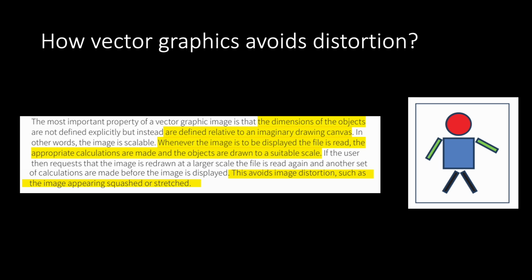Each time we zoom in, we change the smallest division scale on the axis, and all the coordinates are recalculated and redisplayed on the graph. So, wherever the image is to be displayed, the file is read, the appropriate calculations are made, and the objects are drawn to a suitable scale. This avoids image distortion, such as an image being squashed or stretched.